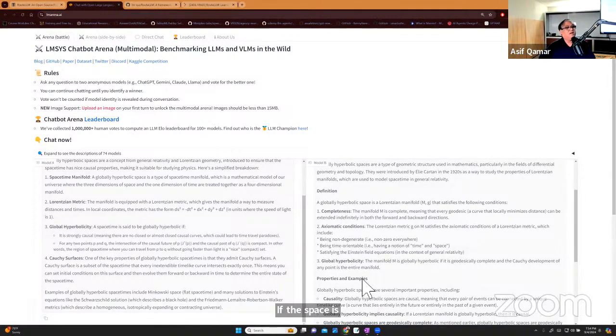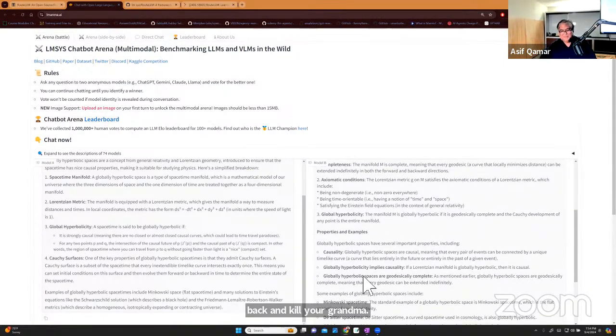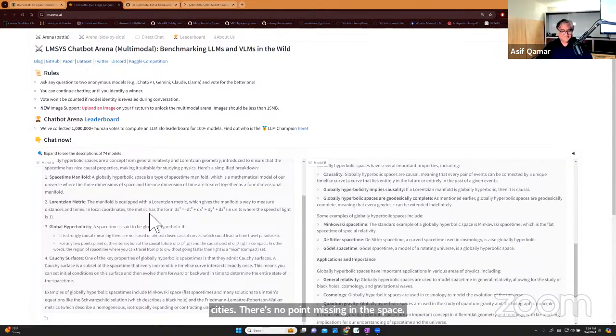In other words, you can go back in time and kill your grandma. So one intuitive way of looking at global hyperbolicity is that there's no closed loop, so that you can't make a circle in space-time itself.